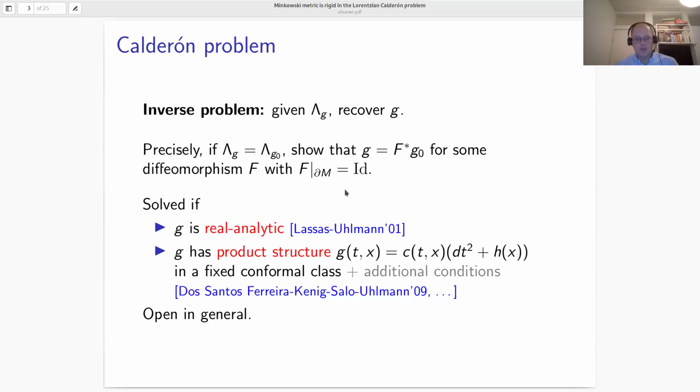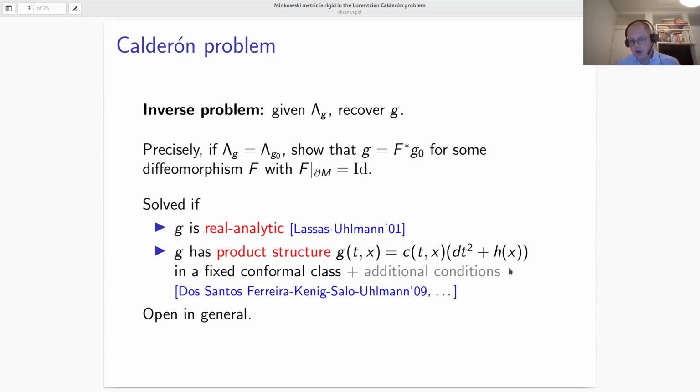This problem is solved only in some cases where, let's say, the anisotropic part of the geometry has some real analyticity in it. If the whole metric is real analytic, then it was solved by Lassas and Uhlmann, and there is also this result where we have this sort of conformal rescaling of a product metric.